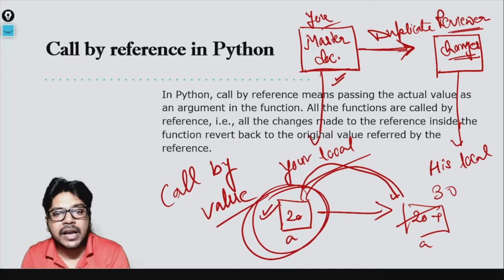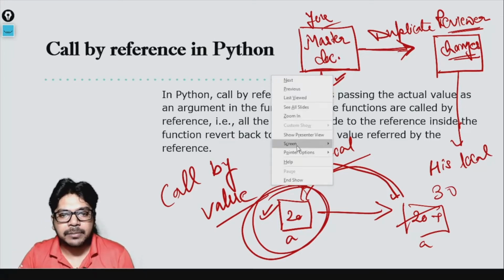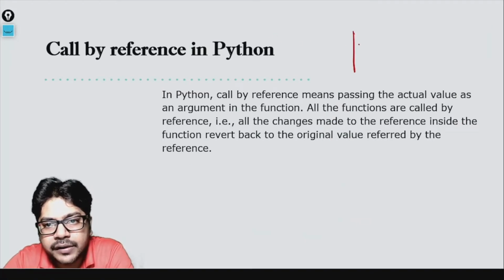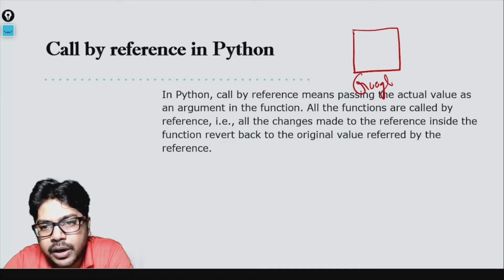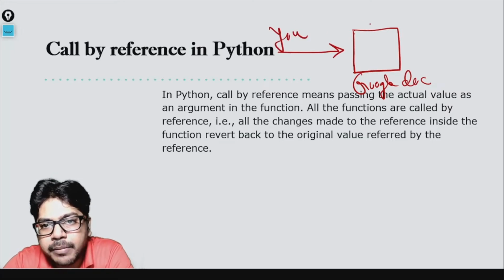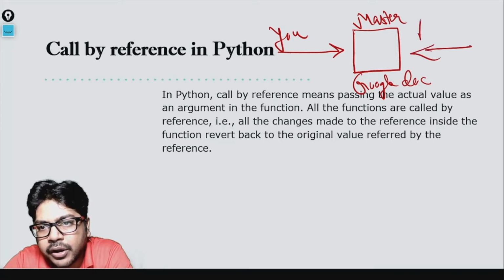But let's take another example. In the other example, you created a Google document, and you shared this document link with the reviewer. So this is the master document, and the reviewer is also logging in, and both of us are making changes in the same one.